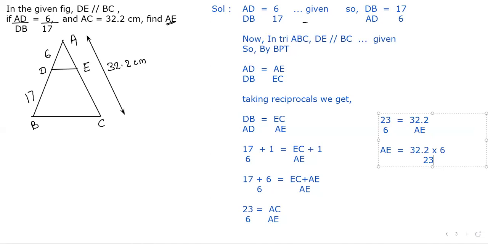So 23 fours are 92, so 1.4. 14 into 6 is 84. Do we get 8.4 centimeters? Yes.